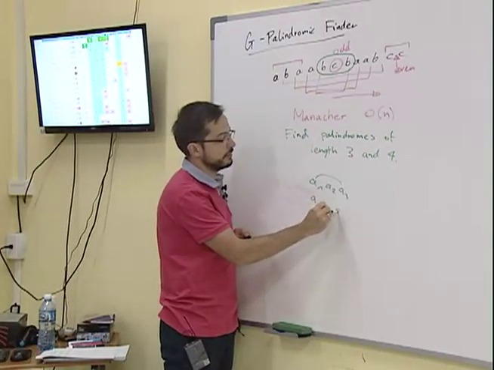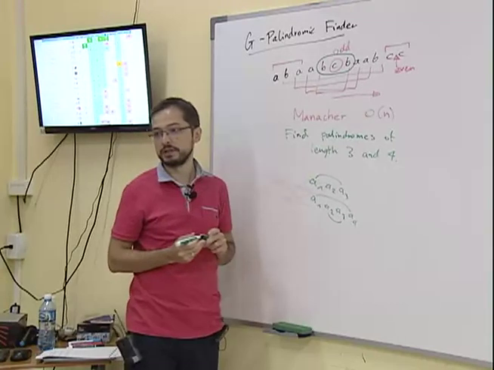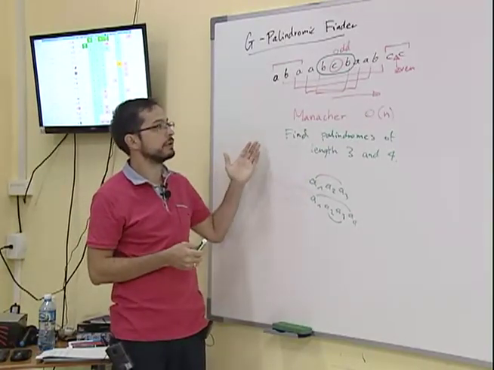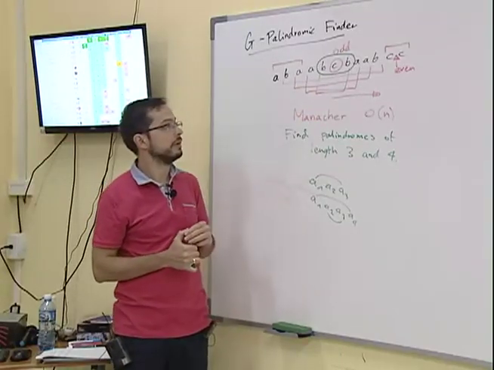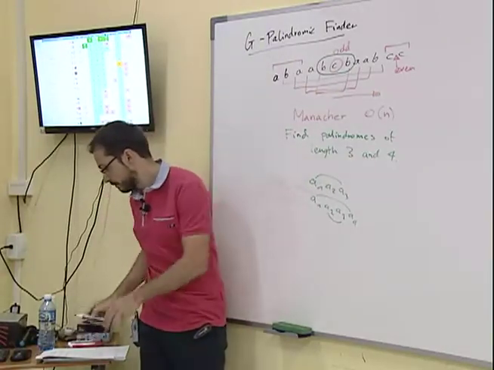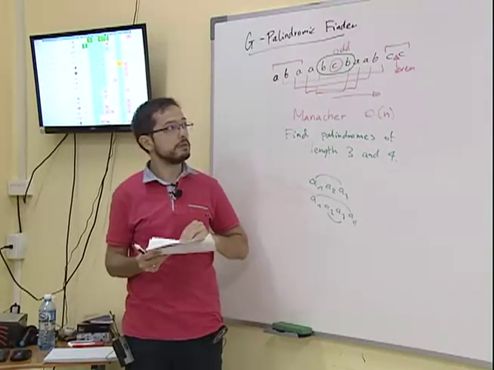And for even palindromes, we need to find whether these two letters are the same and these two letters are the same. So overall, the time complexity is also linear, but the algorithm is much simpler. All right, so that was the first one.